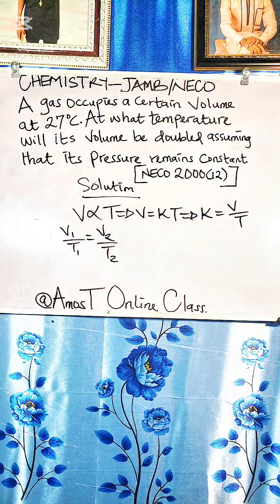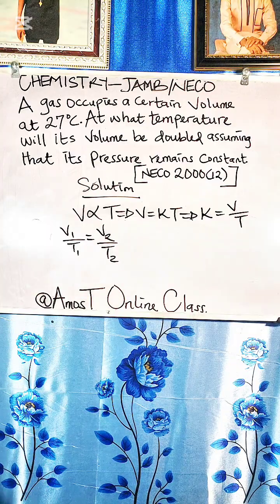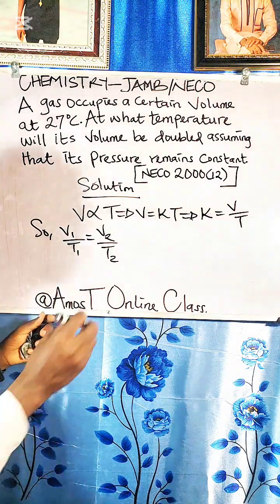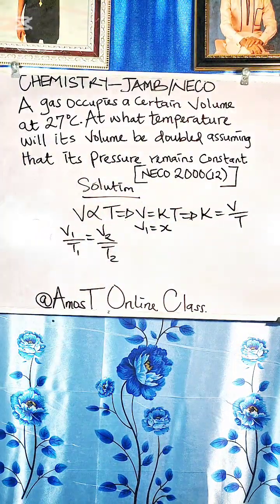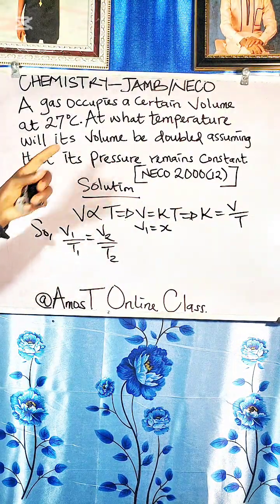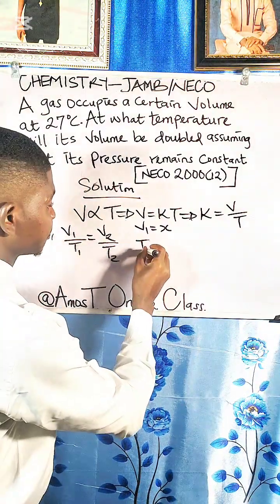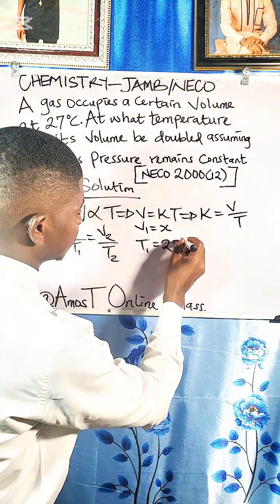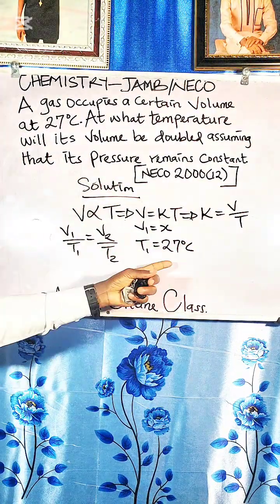The problem says a gas occupies a certain volume at 27 degrees C, a certain volume, okay? So that means the volume is unknown. So let's call it X. V1 is equal to X. Now, T1 from the question, they said it's 27 degrees C, but this temperature is not given in Kelvin, okay?